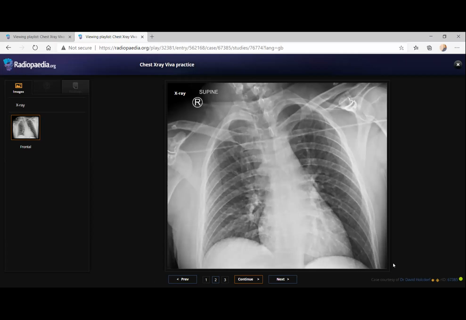There is some pneumothorax maybe, I don't know. No harm in saying it. If you say it, it's okay. If there is none, the examiner will say there is none. Here also I don't know. Yeah, maybe. Okay.